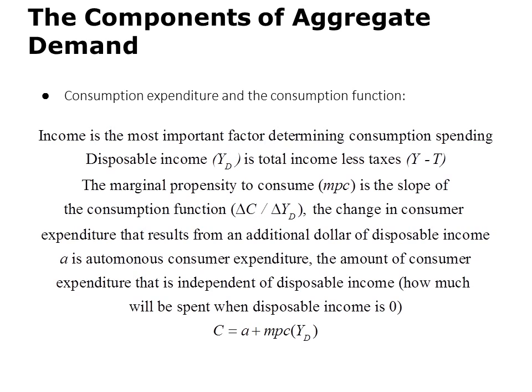Keynes said there is no automatic mechanism ensuring the planned savings is equal to planned investment. The change in consumer expenditure that results from an additional dollar of disposable income is the MPC, while autonomous consumer expenditure is the amount of consumer expenditure that is independent of disposable income, how much will be spent when disposable income is zero.